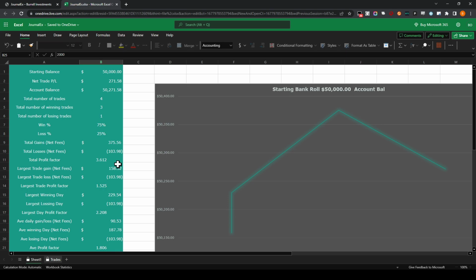Correct, and a lot of these journaling software companies charge a monthly fee, and I'm charging basically 1 month. So you basically pay for 1 month, and then you get the rest of your life for free, essentially. It's a cheaper way to journal your trades. And the problem with the monthly fee is it turns a lot of people away from journaling. And I think journaling is so important.